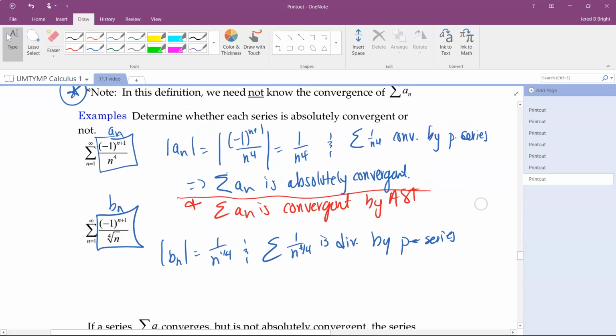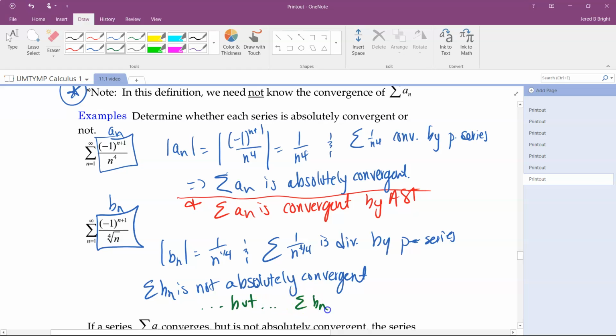So this series b_n is not absolutely convergent. But the series b_n is convergent. Again, you can show this by the alternating series test. And so we can have cases where it is convergent, but not absolutely.